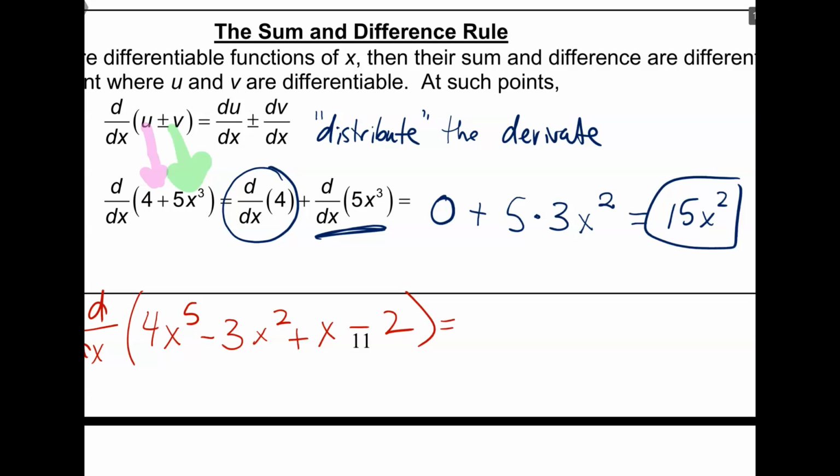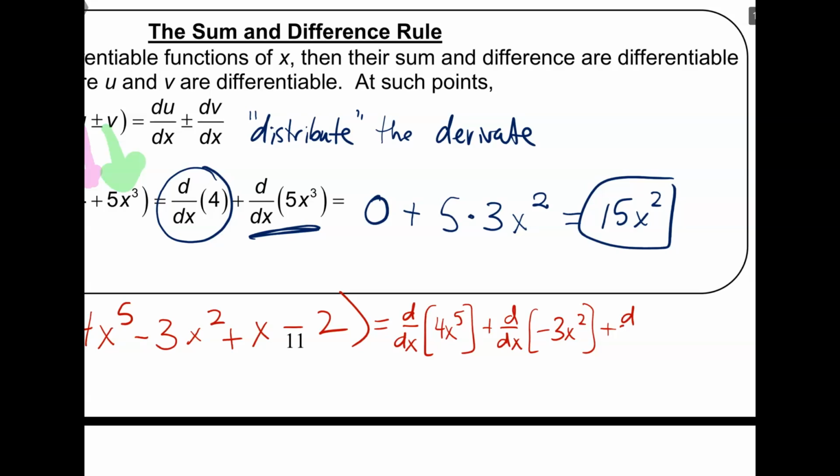So what I'm going to do is take it term by term. So d dx of 4x to the 5th plus d dx of negative 3x squared plus d dx of x plus d dx of 2.